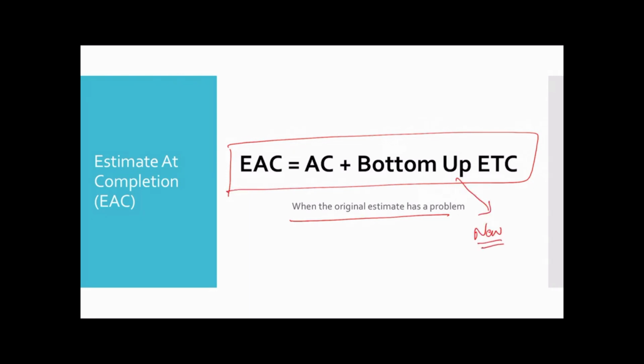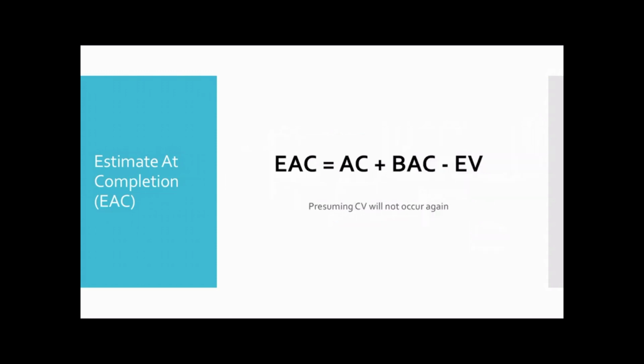When the question says the original estimate has a problem, you want to re-estimate, use this formula of actual cost plus bottom-up estimate. Another value is estimate at completion is actual cost that you have given plus work remaining. I'm extremely sorry, that's called work remaining.